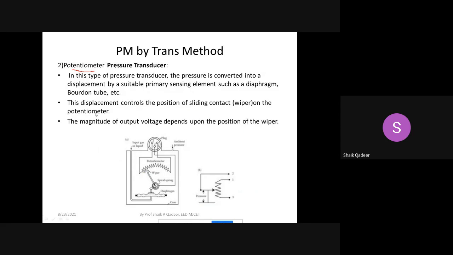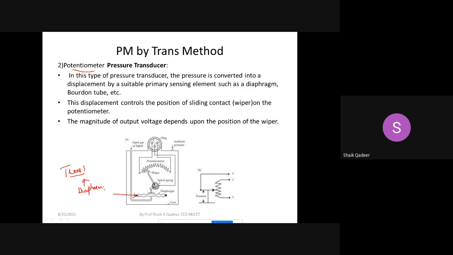Similarly here, what is transducer 1? Potentiometer? No, no. What is this? This is diaphragm. We have studied this in last class. This is diaphragm, acting as primary transducer or transducer number 1. Correct? Yes, sir.